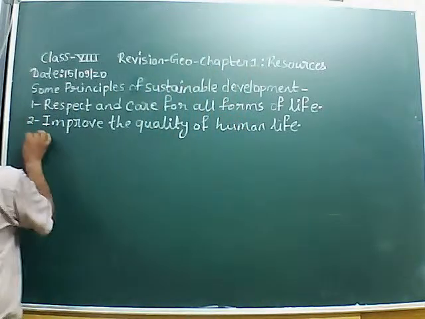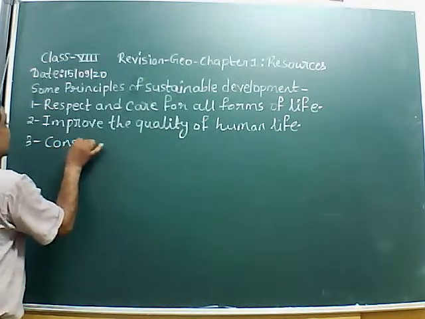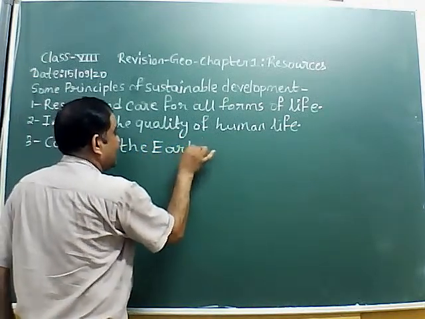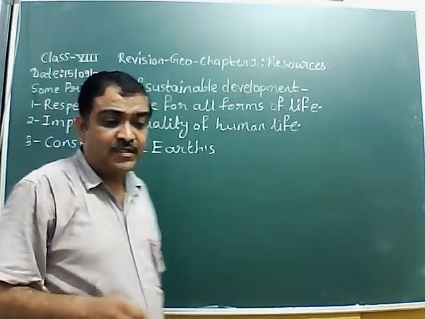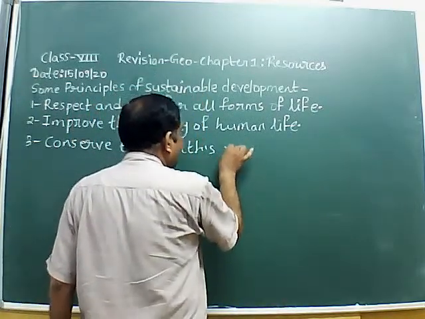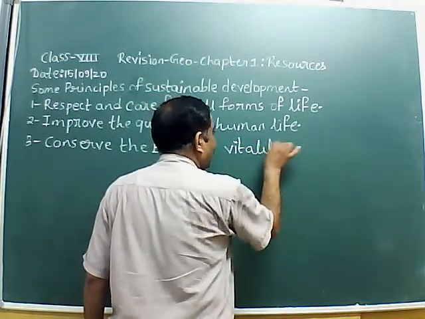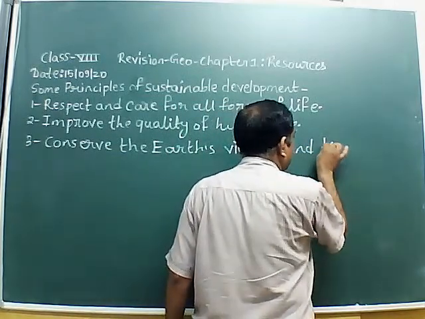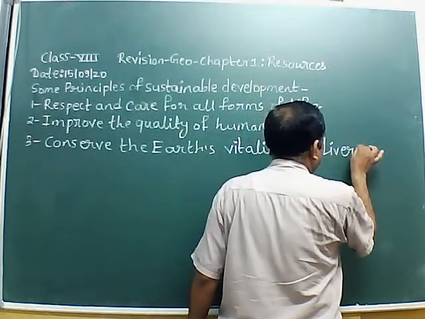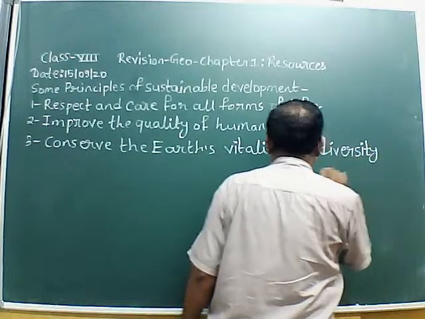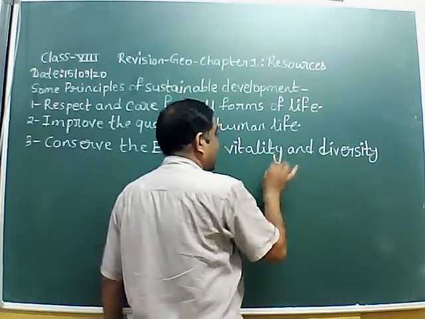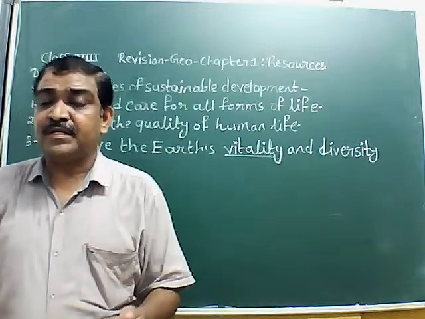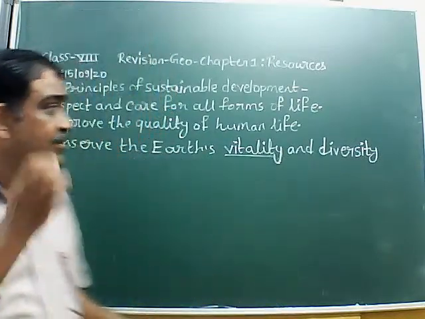Then the third point is conserve the earth's vitality and diversity. अर्थ का जो इम्पोर्टेंस है, वाइटलिटी मतलब महत्व. ठीक है, तो अर्थ का जो महत्व है, अर्थ पर जो डाइवर्स लाइफ है, that should be conserved.